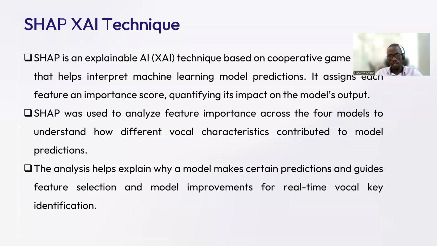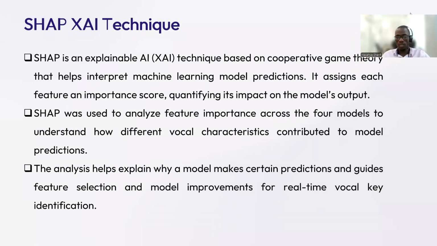The explainable AI technique which we first applied was SHAP, which is a technique based on game theory that helps interpret machine learning models' predictions. It assigns features an importance score, quantifying the impact of the model's input.